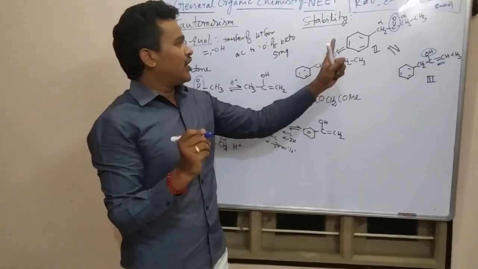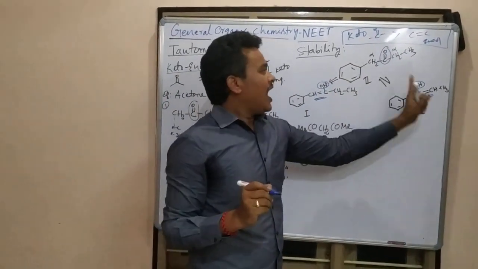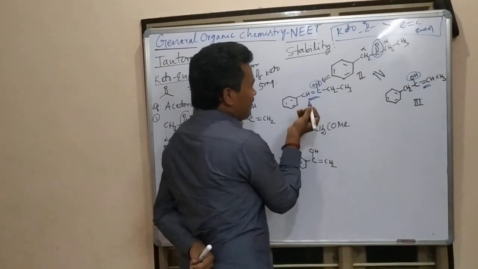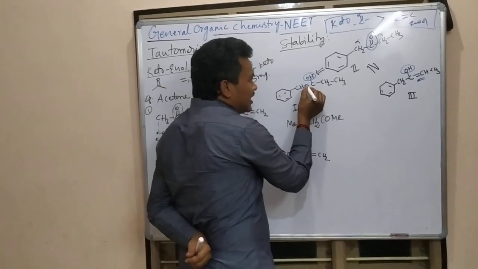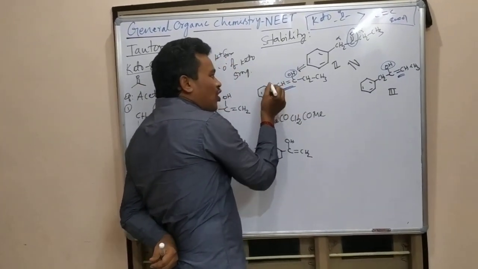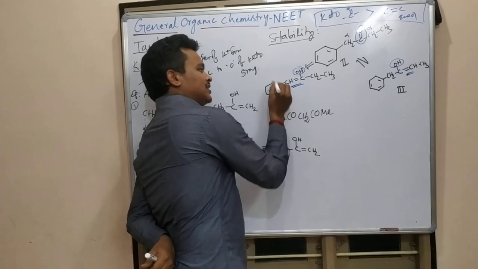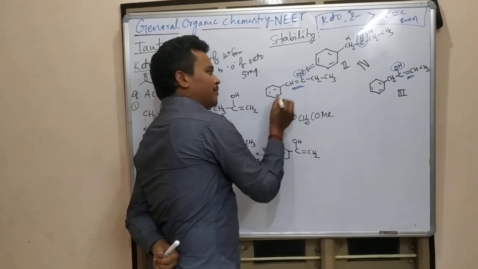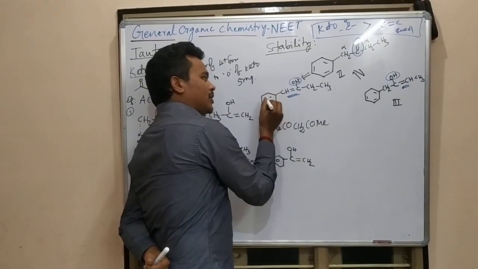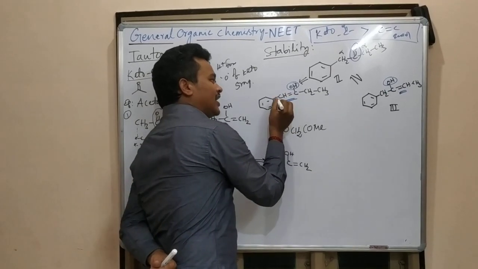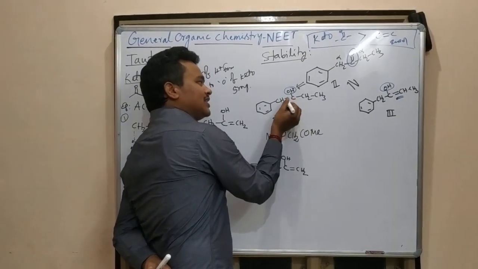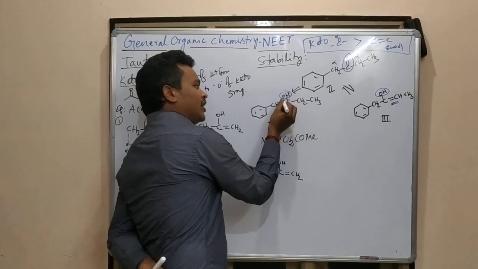In which cases? I have a keto form, I have an enol form, I have another enol form. You check it out. Whenever this double bond is in conjugation with a pi bond system, benzene is there, it is a pi bond. So there is a possibility to get resonance with this one, from here to here, here to here.